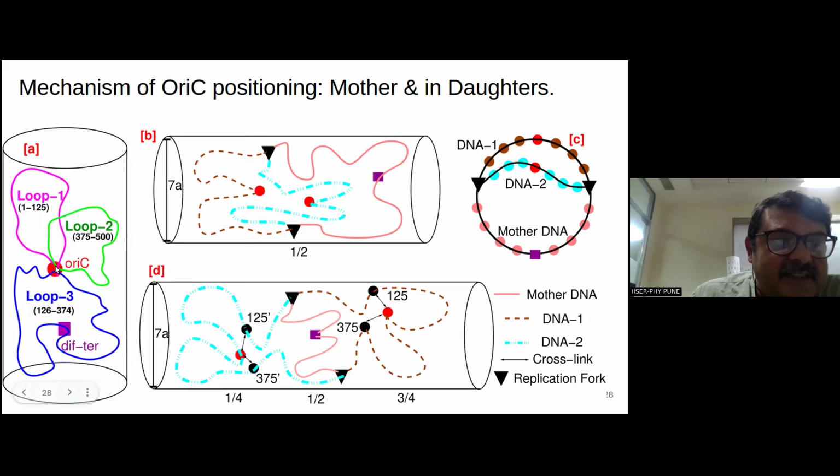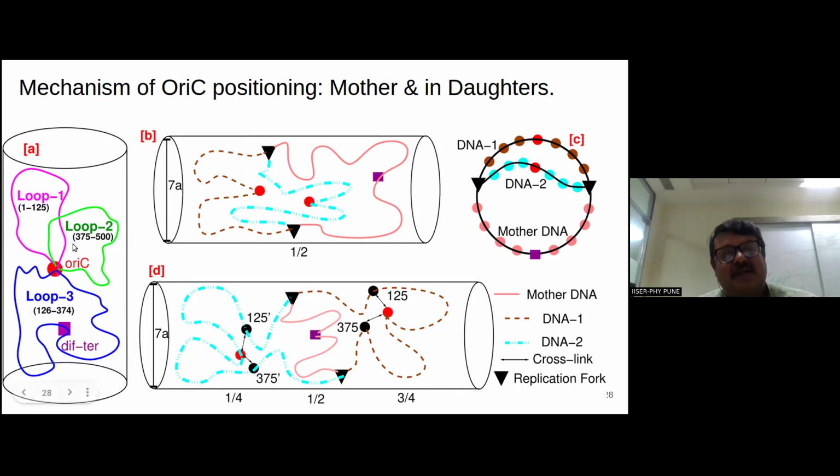Now, as replication is happening, each of these groups is being made a copy of. How am I modeling replication? I won't tell you, for the sake of time. But as replication happens, there's more and more chain being added to this mother chromosome architecture, the two daughter DNAs being added.